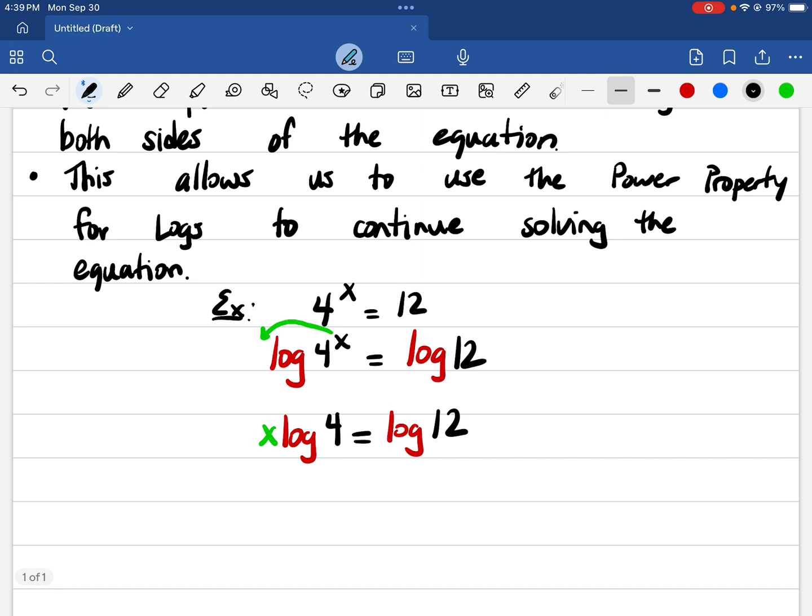And then if we want to get that x by itself, all I have to do is get rid of that log 4, which I can divide by it. And then we would be able to go into our calculator, in Desmos, whatever it is you prefer, and do log of 12 divided by log of 4.